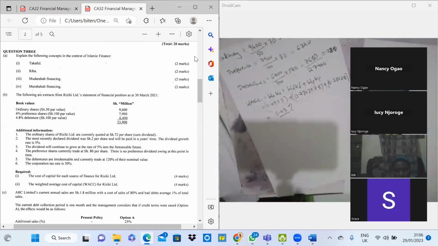I believe that the steps are simple to follow, unless anyone has a question or a challenge. The 3 steps of calculating WACC: First, you calculate the component cost. After that, you get the weight. After that, you multiply the weights by the costs of capital.